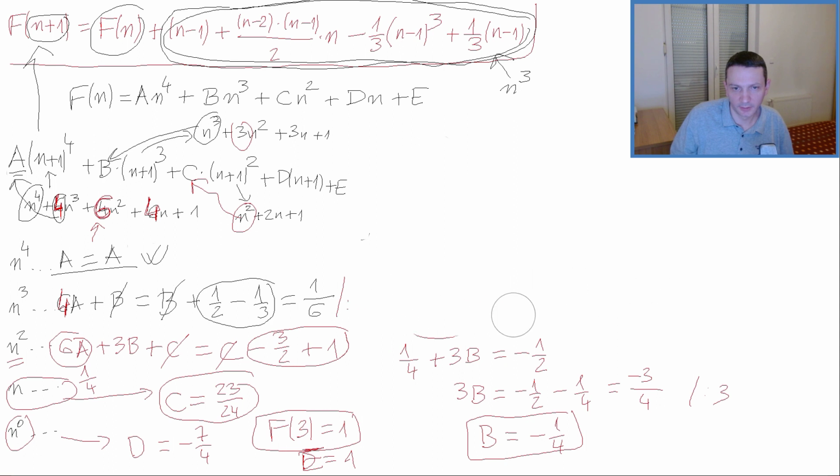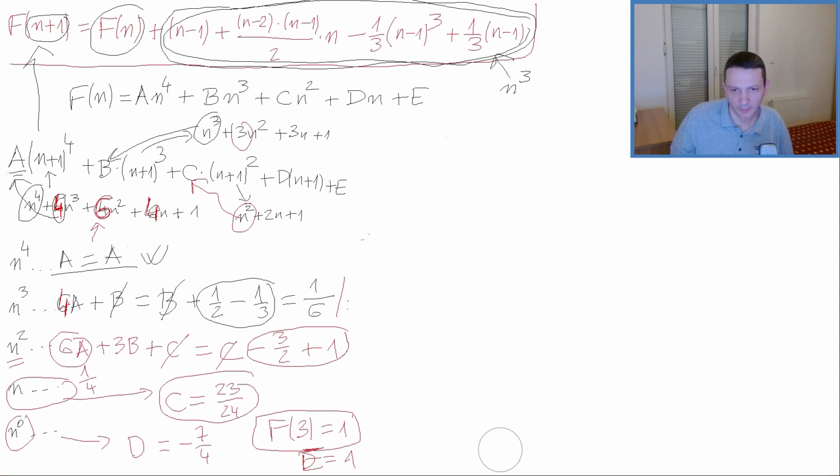I will delete this, and the final formula is that f of n is equal to, okay, let me change the color so that we can see this easily.